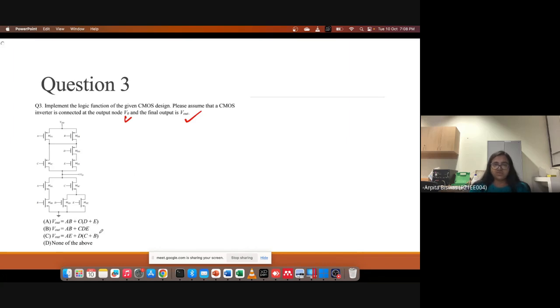Implement the logic function of the given CMOS design. And please assume that a CMOS inverter is connected at the output node V0 and the final output is V output.